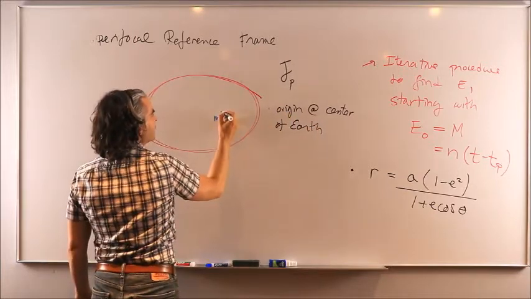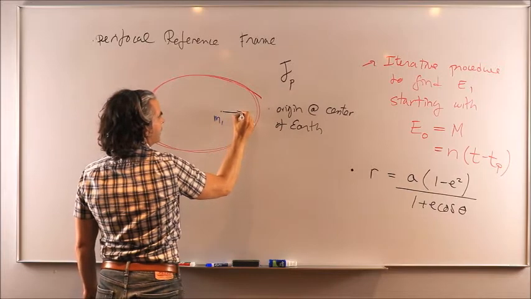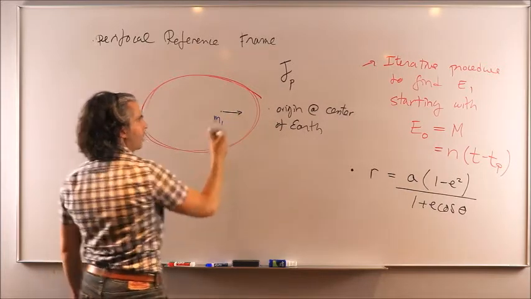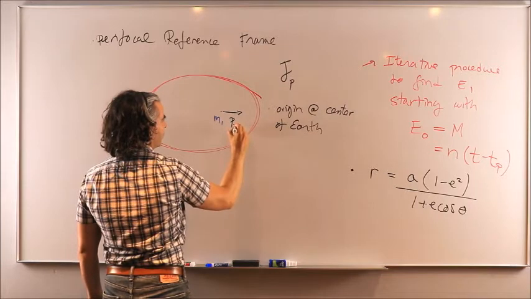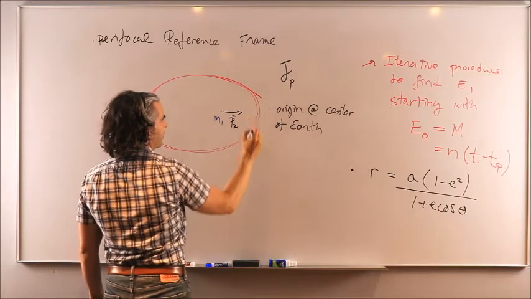But this time has its x unit vector along the eccentricity vector, or in other words, pointing in the perigee.